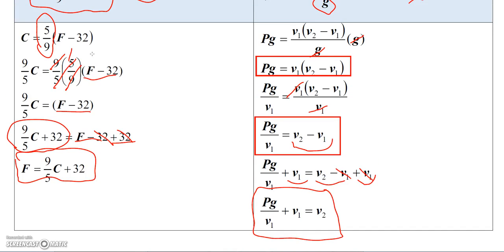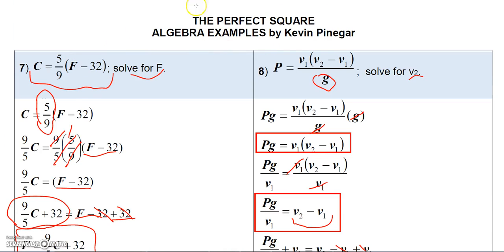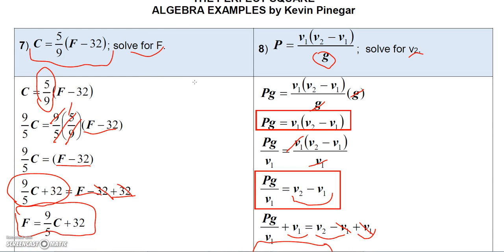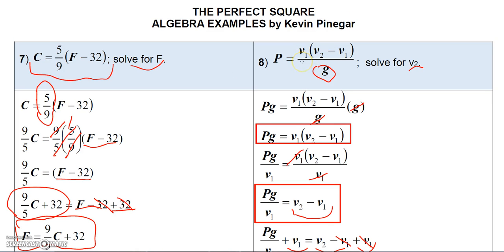But that's how you solve these equations for unknown variables. If you're given formulas like this, sometimes you may have to take a formula and solve it for one of the other variables. On each of these, you were told which variable to solve for, but in real life it depends on what you're looking for.